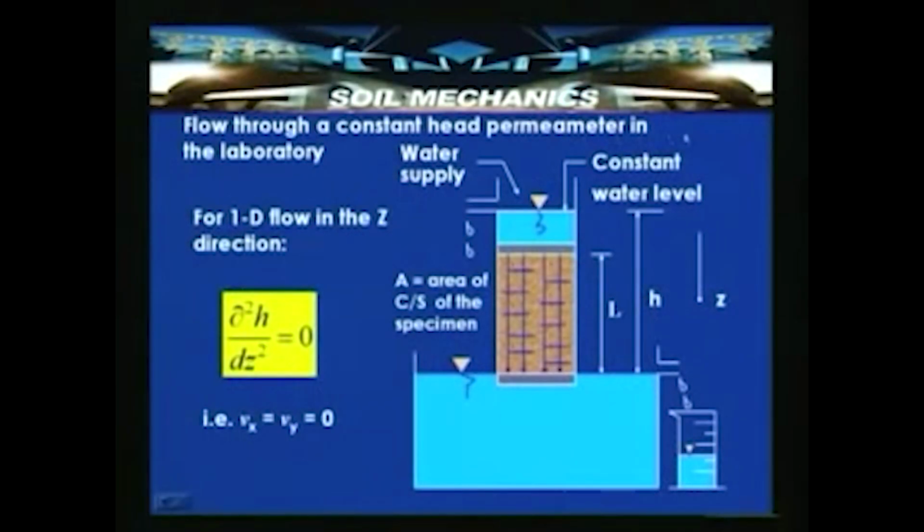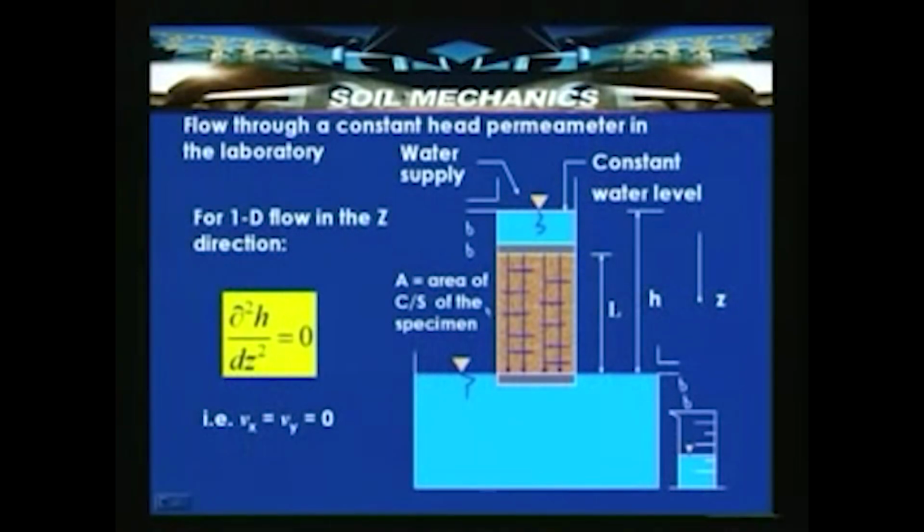So, flow through a constant head permeameter in the laboratory also turns out to be a 1-dimensional flow example. In such a case, the governing equation can be written as ∂²h/∂z² is equal to 0. This particular discussion we had in the last lecture, where z is the direction over which the flow is taking place from top to bottom.